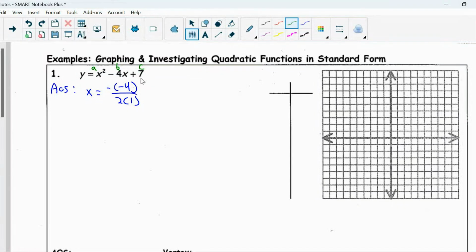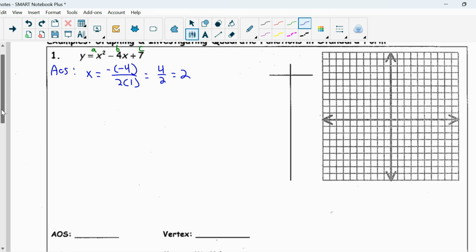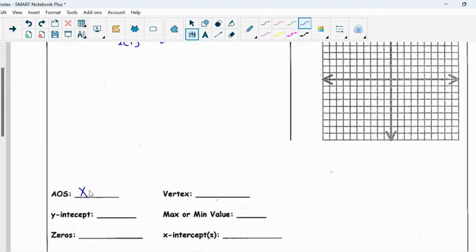And c is our constant. Okay, going back to our equation here, negative b over 2a. Let's go ahead and solve. This becomes 4 over 2, which is just 2. So our axis of symmetry is x equals 2.